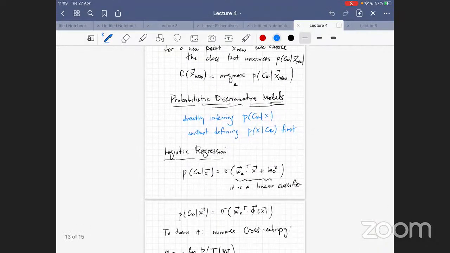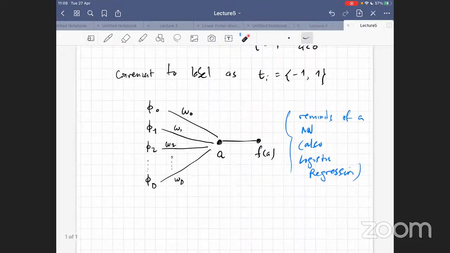Logistic regression is that, right? You remember this expression? It is exactly that. This nonlinear function is another nonlinear function, not this one, but it's a nonlinear function of a linear combination of the input. And this is exactly what is happening here, right? So also logistic regression and the perceptron may have the same graph, if you want. Okay.